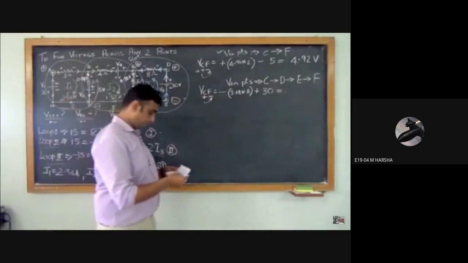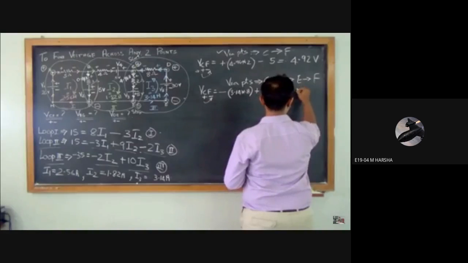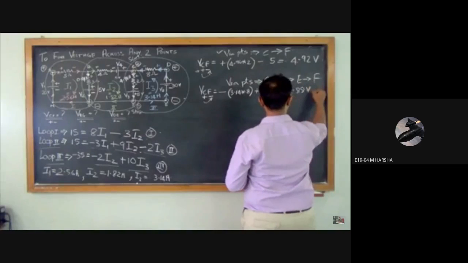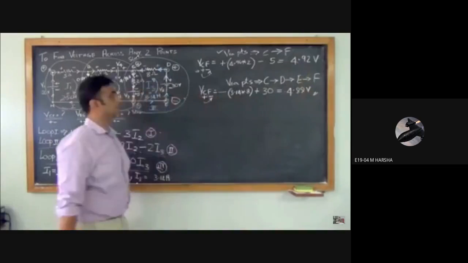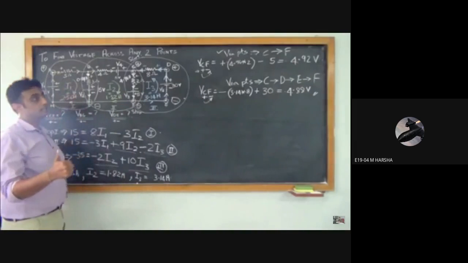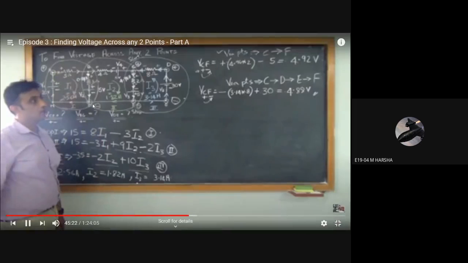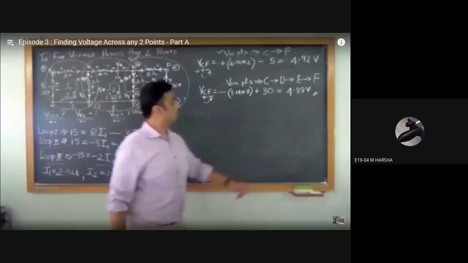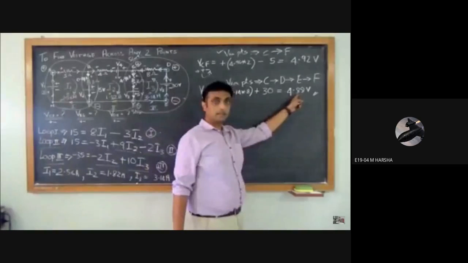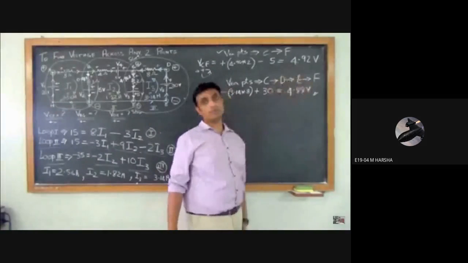So, I get a value of 4.88 volts, which is nearly the same as 4.92. So again, the consistency of this is proved. If we take a decimal shift, it will become 4.9, which is nearly equal to 4.9.